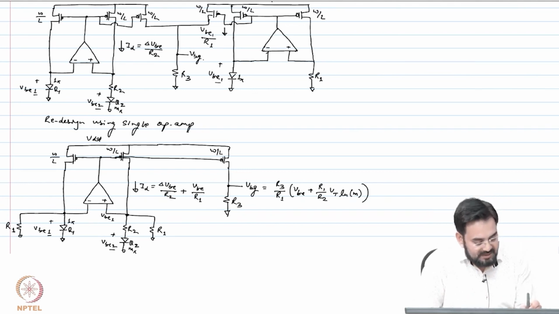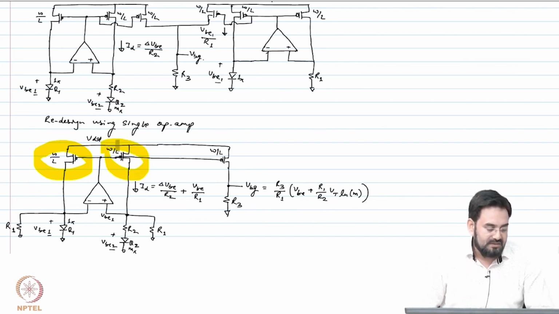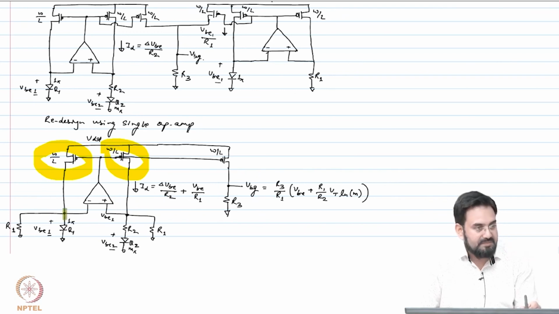So this guy is the drain of other two PMOS which are directly connected to the diode side. So basically these two, this guy and this guy, they are seeing almost same VDS, because this is VB and other side is also VB due to negative feedback of this op amp.